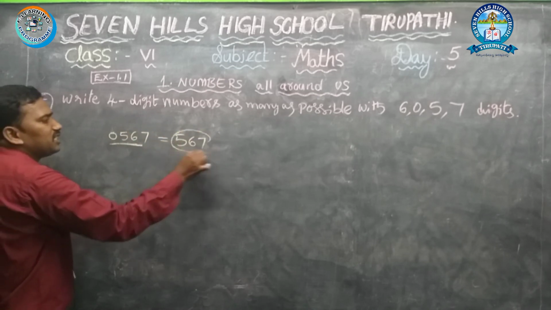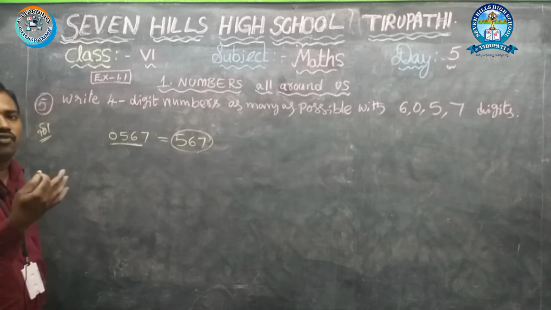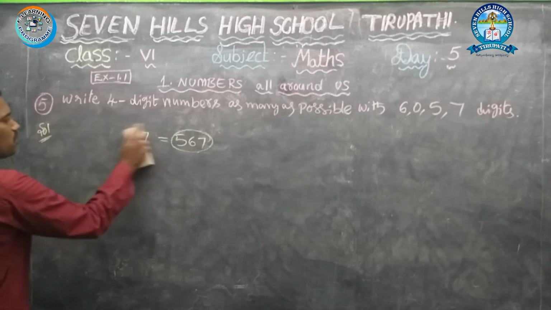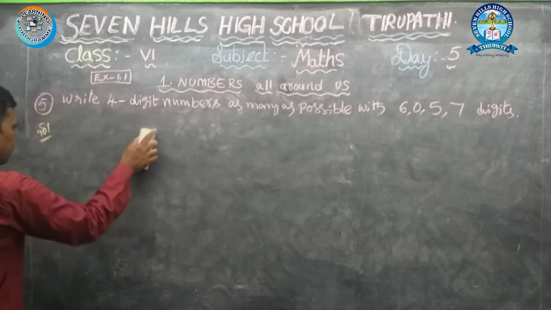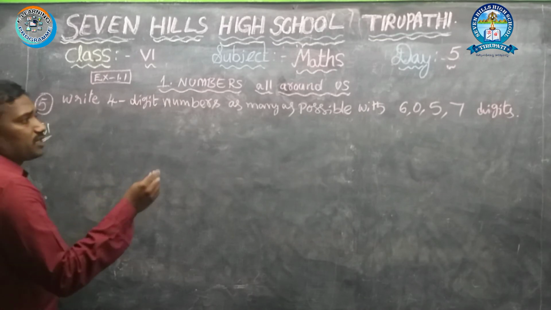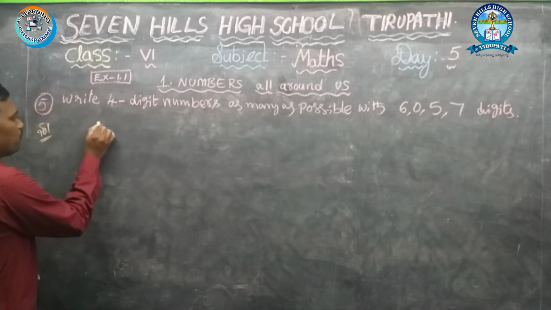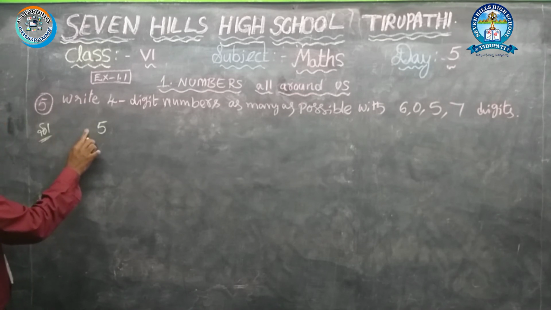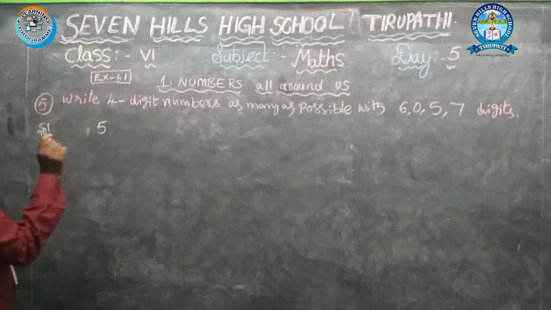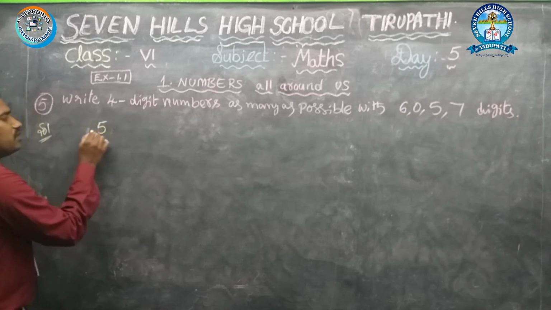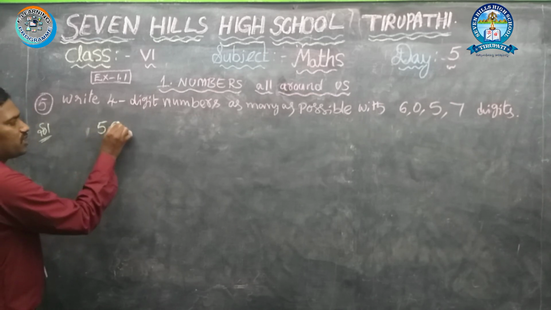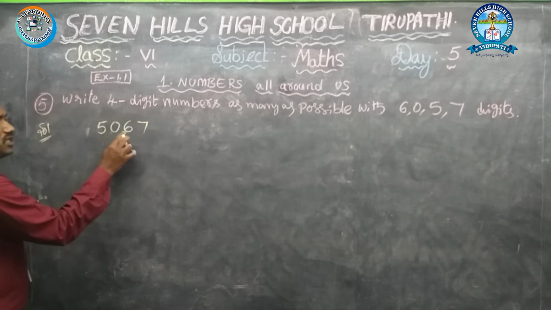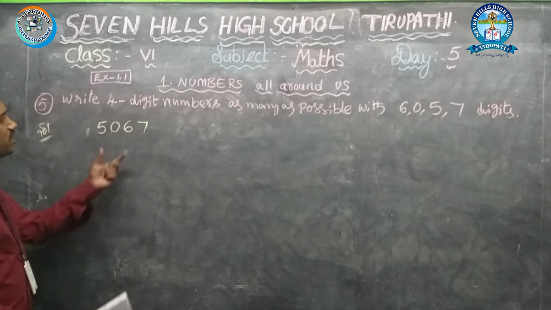No, it is a 3-digit number. We want to create 4-digit numbers, so we want to keep 0 in the second place. First of all, 0 is the smallest number, but we don't consider it first. 5 is the smallest number after 0, then 6, then 7. Now 5067 is a 4-digit number.